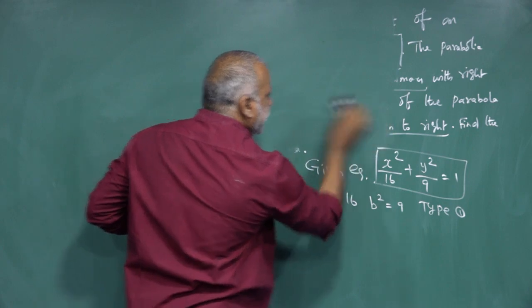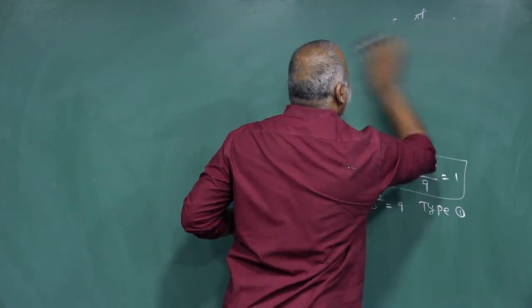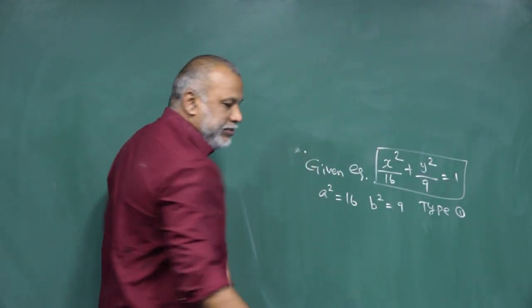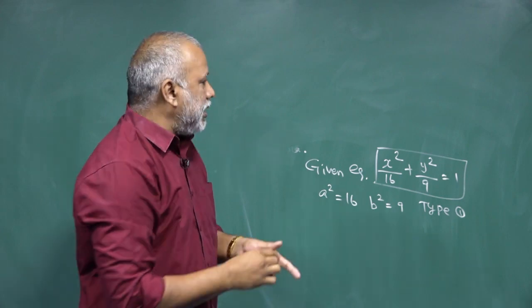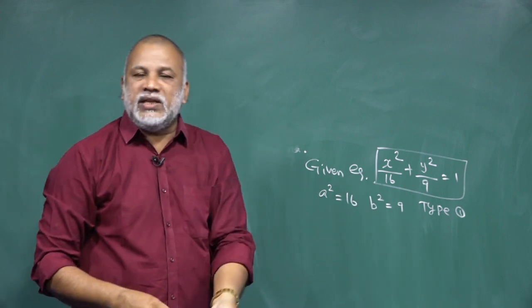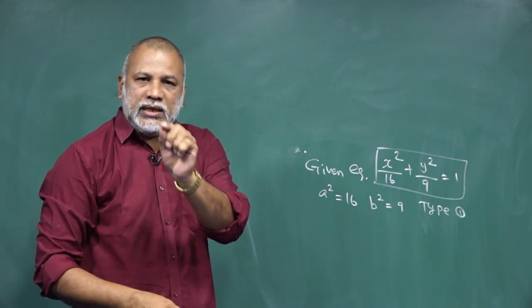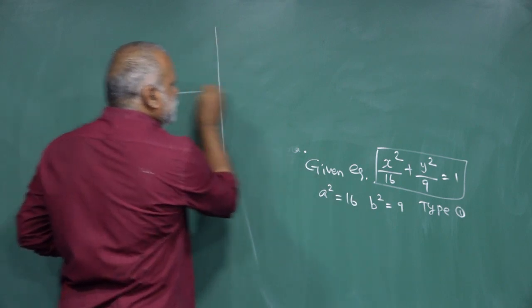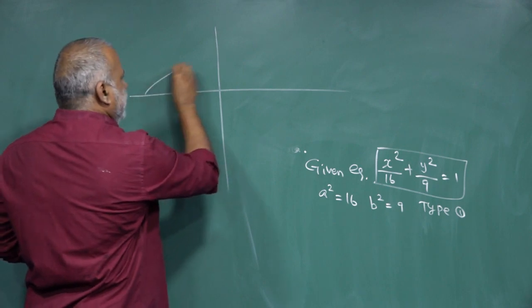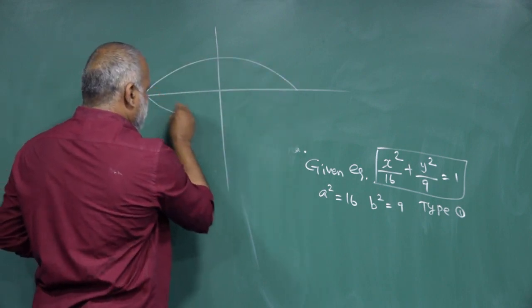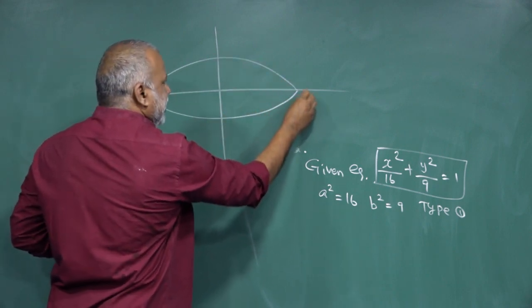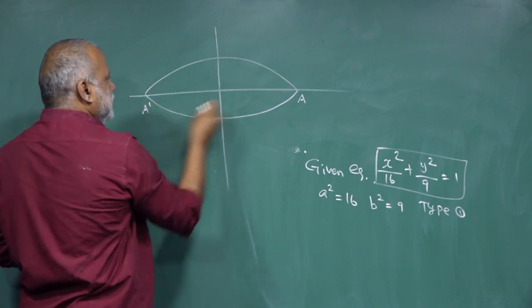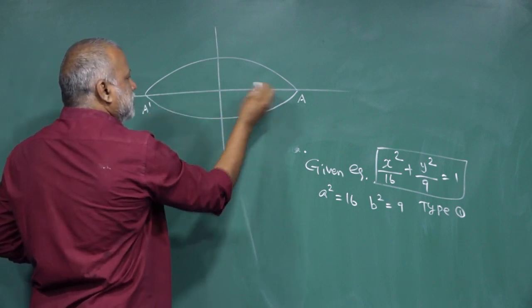Here it is a type number 1 ellipse and a type number 1 parabola, because the question itself is giving the data. The parabola is type number 1, open right. See the diagram now. Type number 1 ellipse, major axis along x-axis. So here F is the focus.